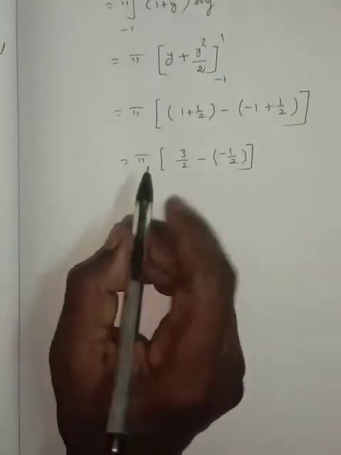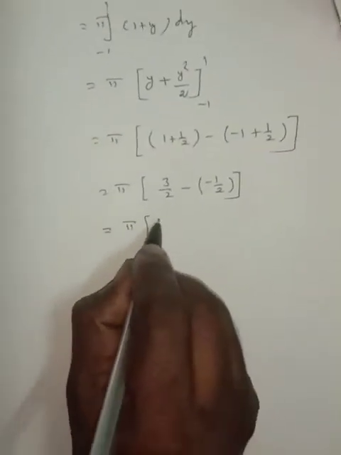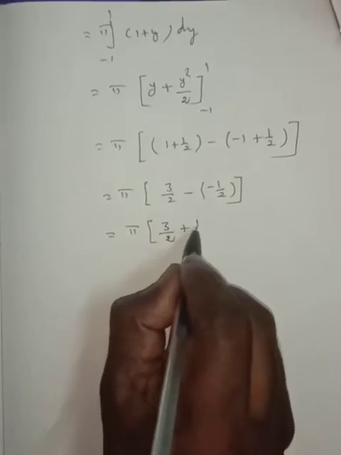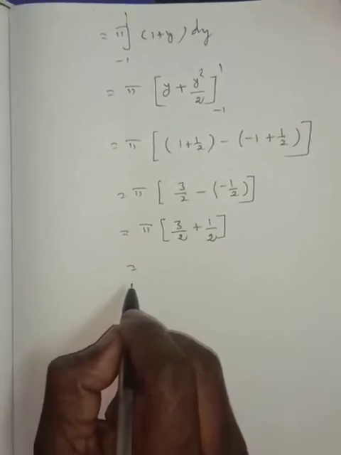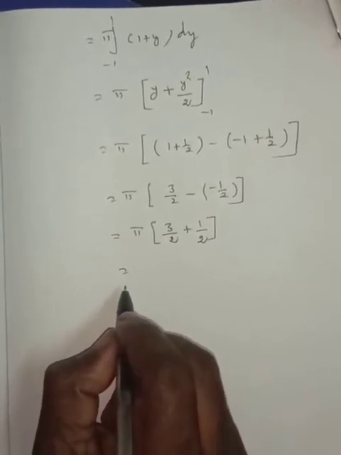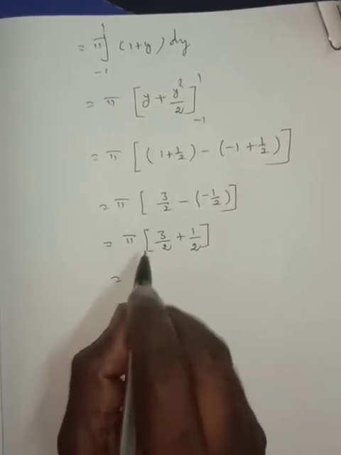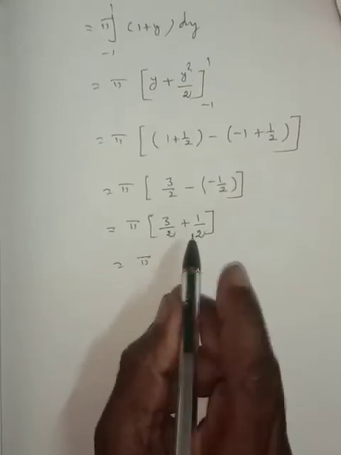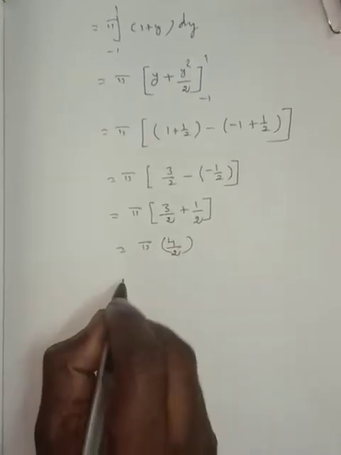Equal to pi, 3 by 2 minus of minus, positive 1 by 2, is equal to 4 by 2 pi, which is 2 pi.